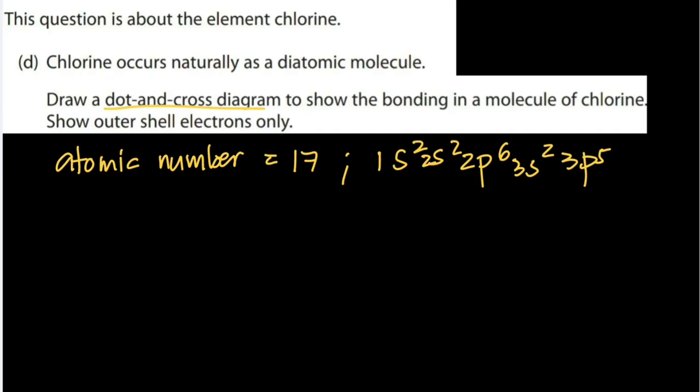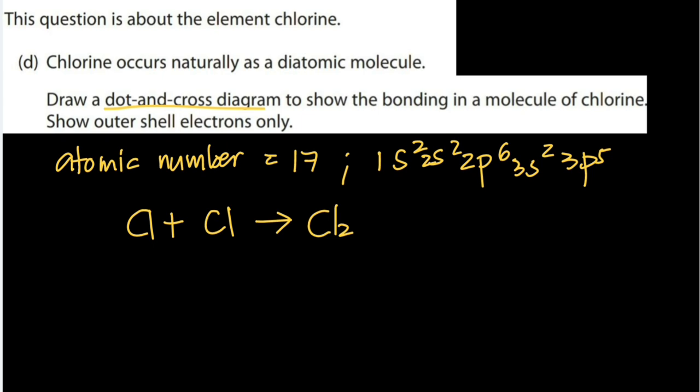Now each chlorine atom needs 1 more electron to complete its octet, octet meaning 8 electrons in its outer shell. Then each atom contributes 1 electron to form a shared pair, which is a single covalent bond, and that shared pair counts for both atoms, giving each a full octet.